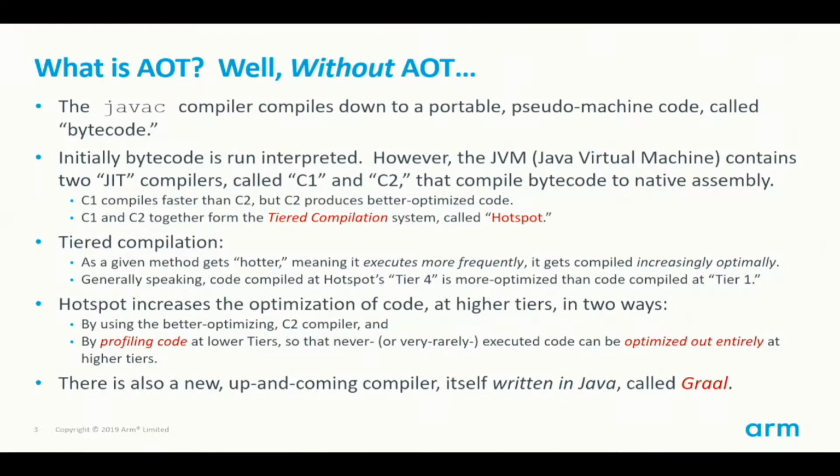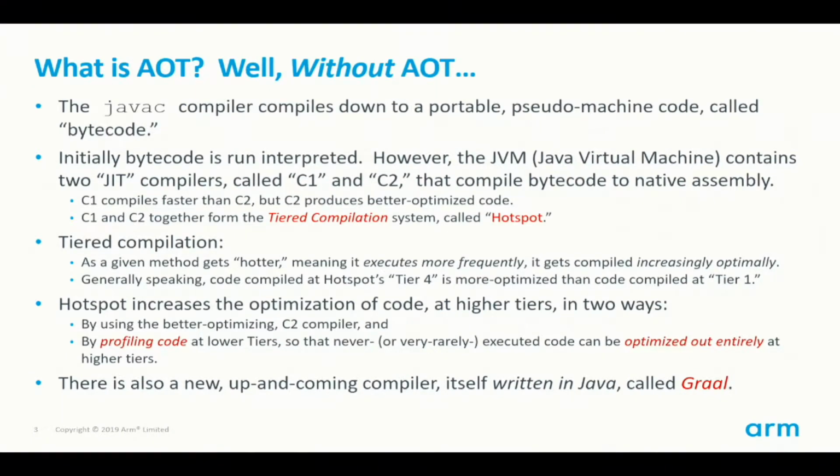C2 produces more optimal code than C1. Now, that's one of two ways that this very important mechanism in the JVM called HotSpot works. What HotSpot does is, method by method, figure out which methods require the most optimal compilations of the code. In particular, it compiles them on 4 tiers, a tiered compilation system, as they call it.